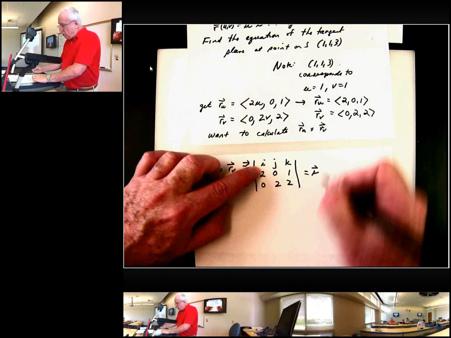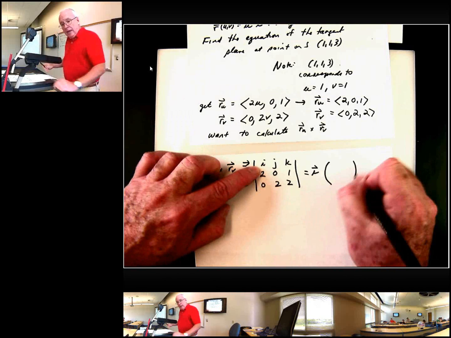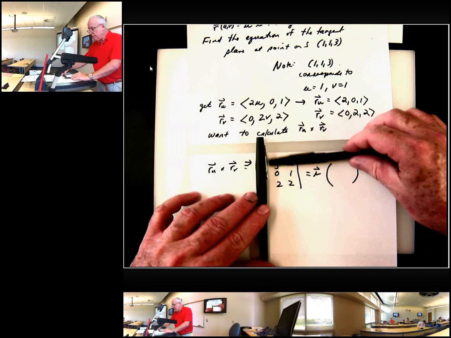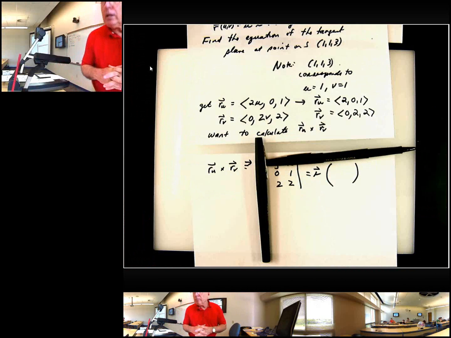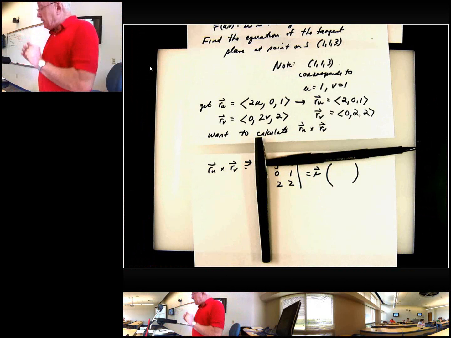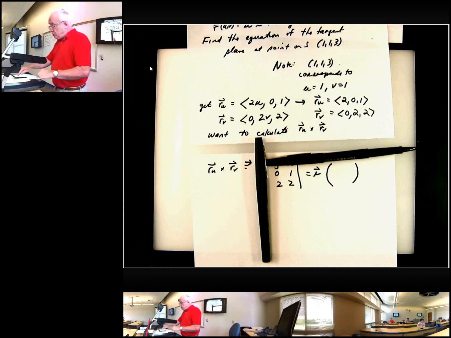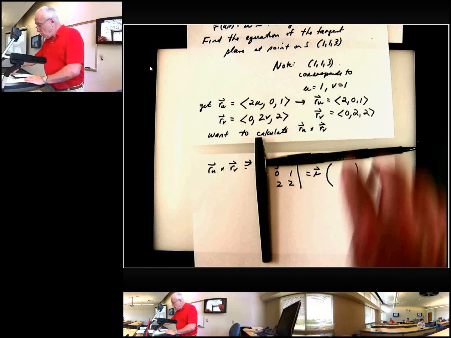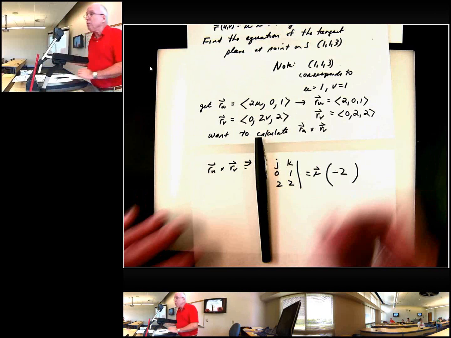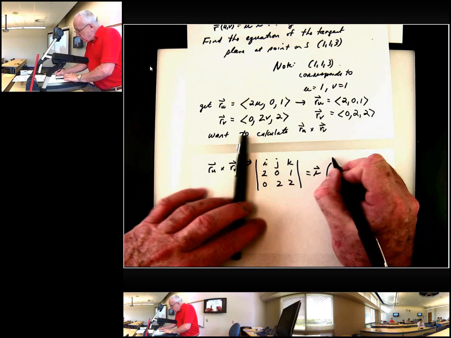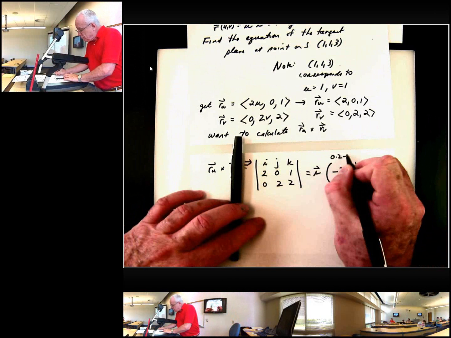So we start with our i, and as we've been through just recently, we block out the row and column and get the determinant of the 2 by 2 matrix that we see, and that's going to be 0 times 2 minus 2 times 1. So that's a negative 2 for that part of it.